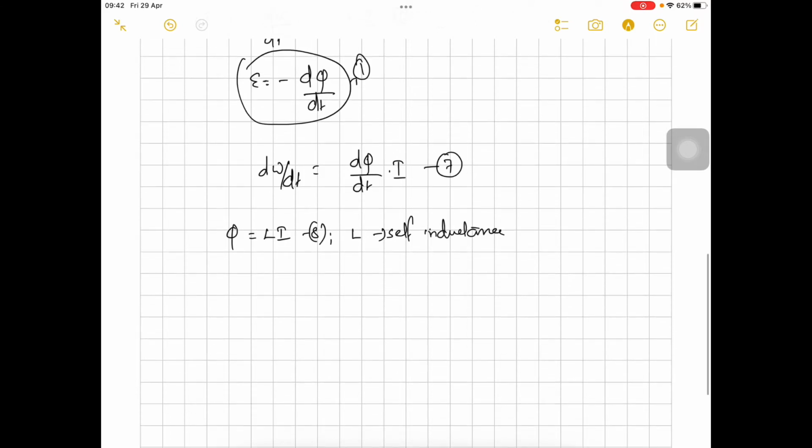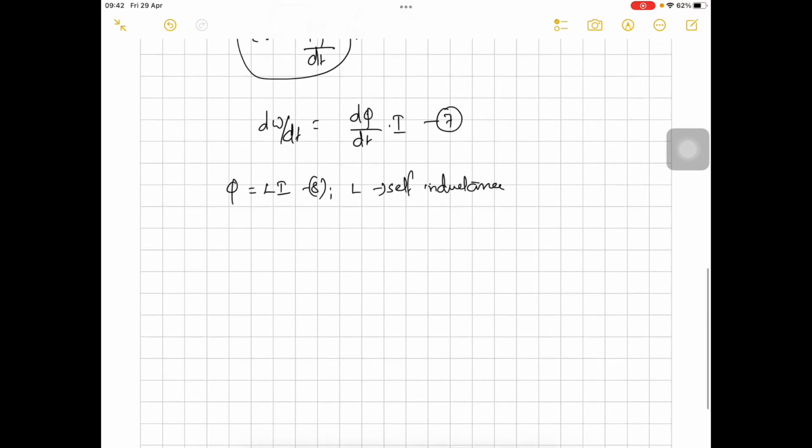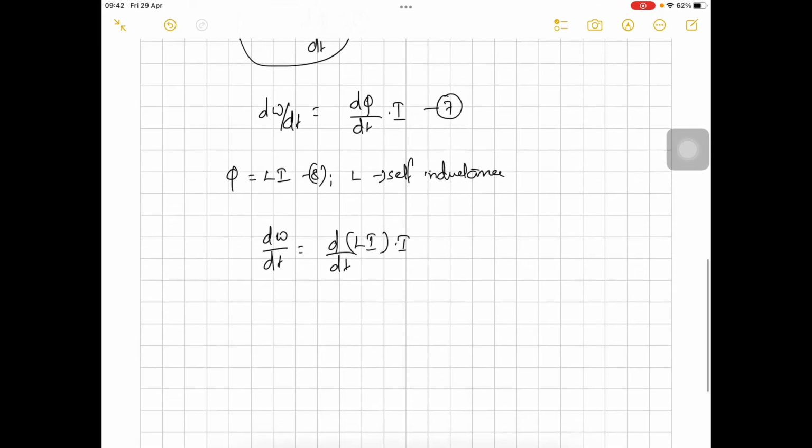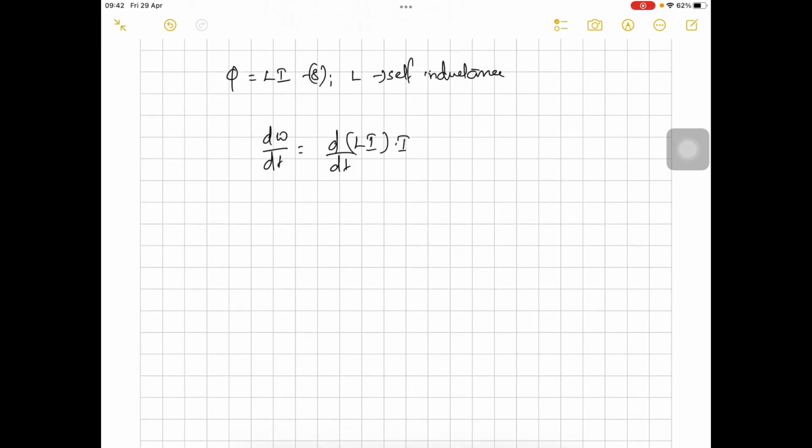So substitute this equation 8 in equation number 7, then dW by dt is equal to d by dt of L i, into I. If you want to calculate the net work done to increase the current from 0 to I, W is equal to the integral of dW.